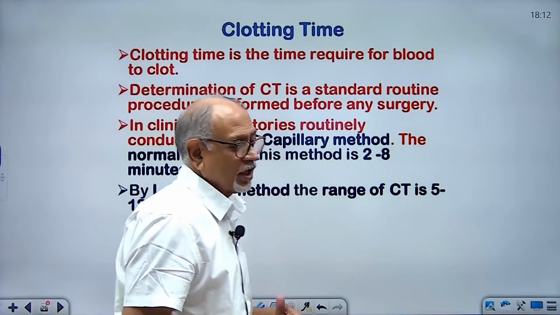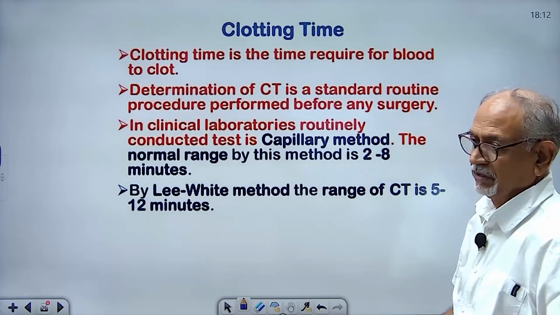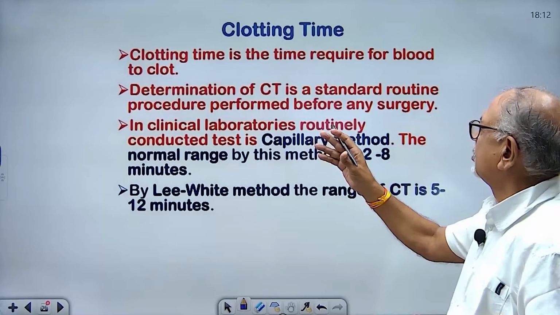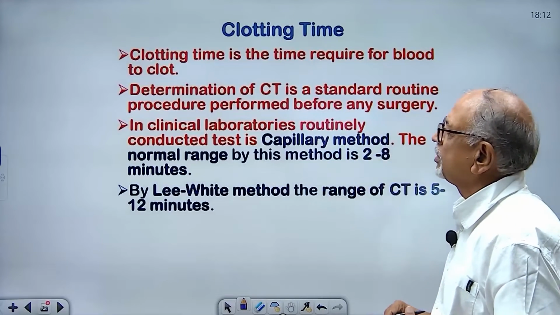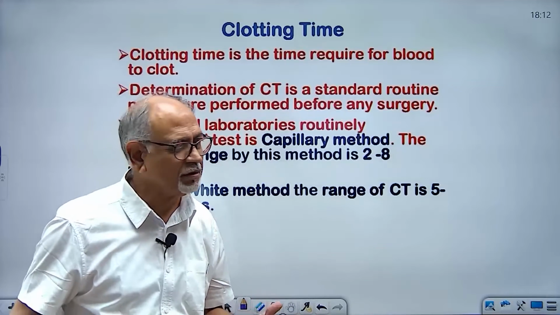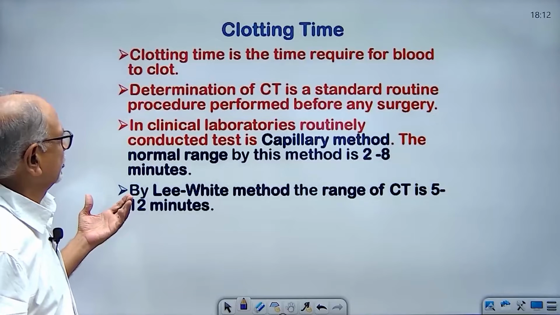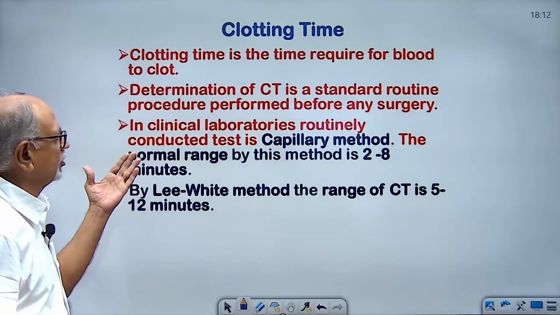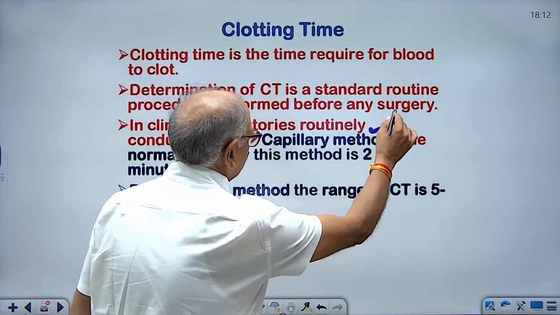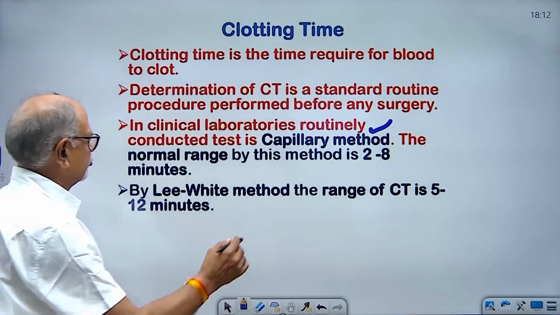Similarly, the clotting time is the time required for formation of a clot. It is determined as a standard routine procedure performed before any surgical procedure, and in clinical laboratories it is routinely conducted by a method called the capillary method. The normal range by this method is 2 to 8 minutes.